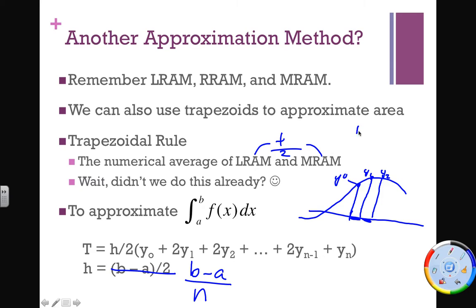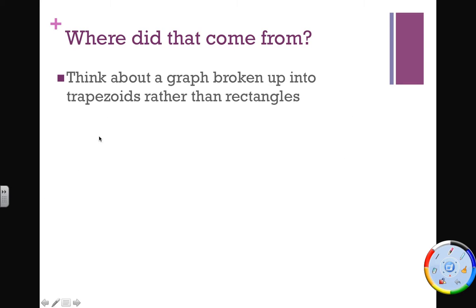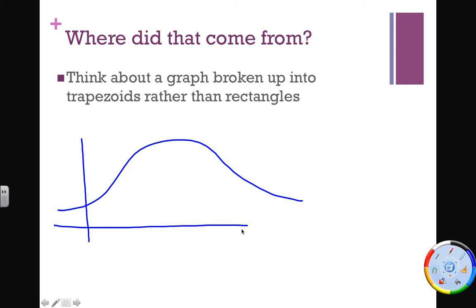It's h over 2 times base 1 plus base 2. So let's take a look at what this would look like. Where did that thing come from? Thinking about a function here, if I just created an xy axis and I just created some random function here, I kind of like the bell curve for no reason. Going from a to b, you'd be thinking about a bunch of trapezoids here.